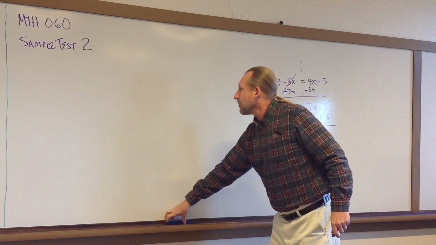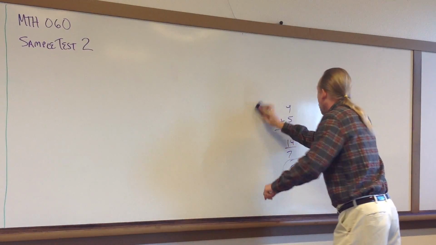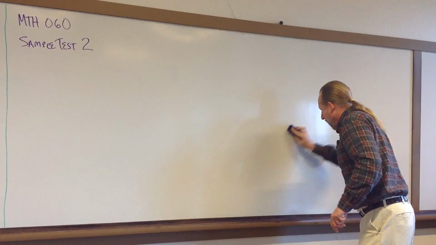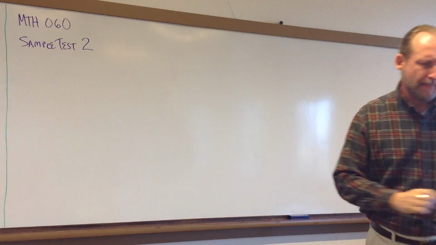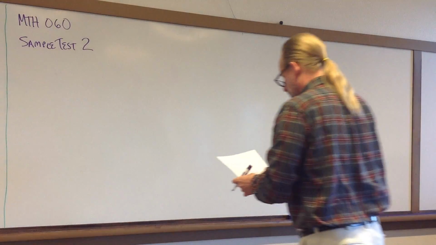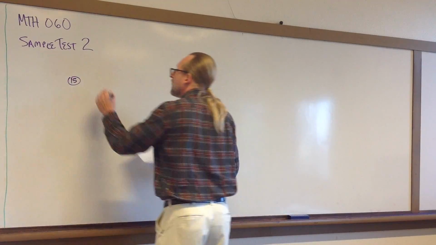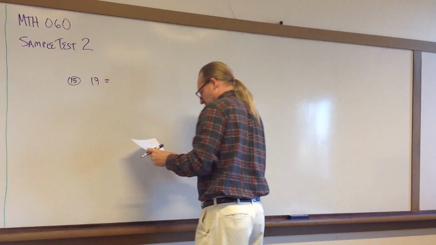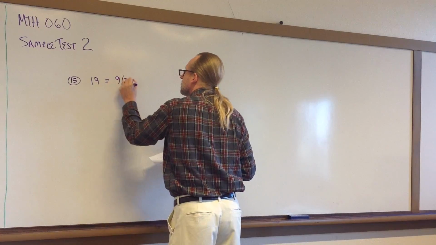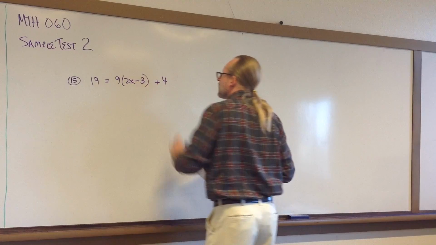All right. 2 more problems here, 15 and 16. So, problem 15, we've got 19 equal to 9 times 2x minus 3 plus 4.